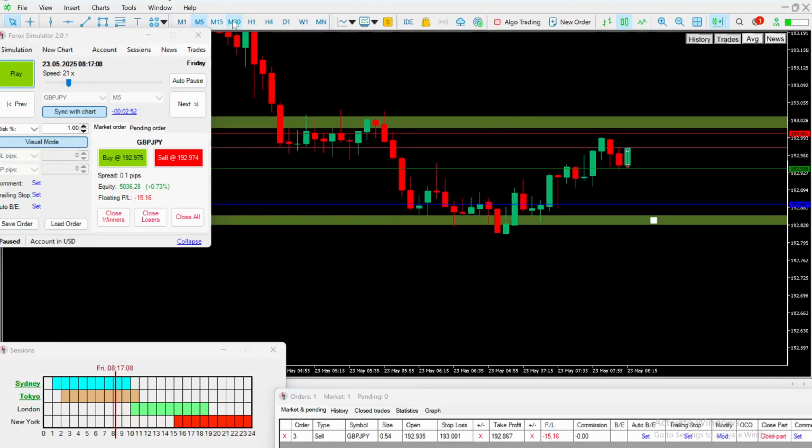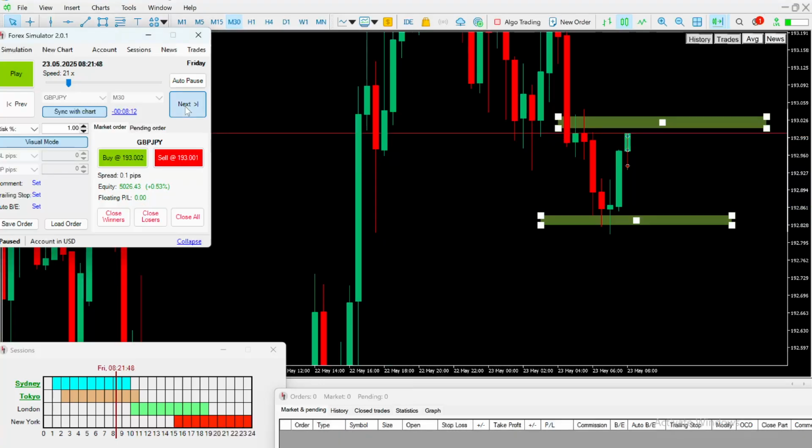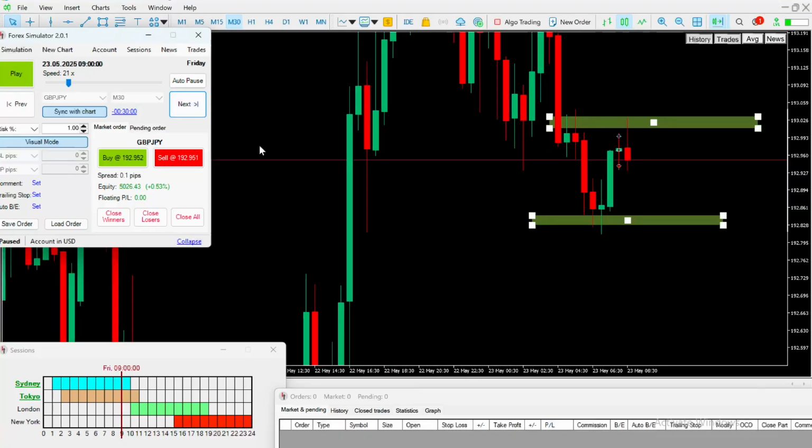So it still didn't close bearish. Okay, we'll probably lose this, yes. Next candle, yeah. See, at the beginning we said we wanted to touch here first, right? Now we can take the sell.